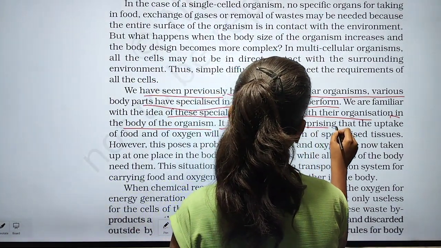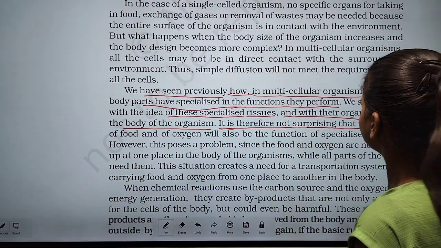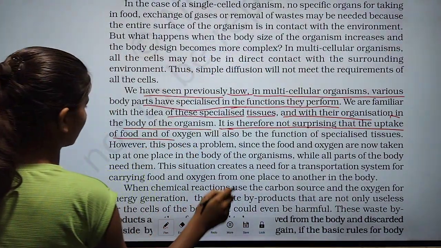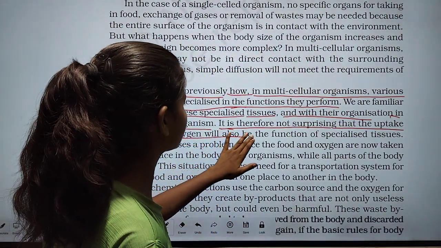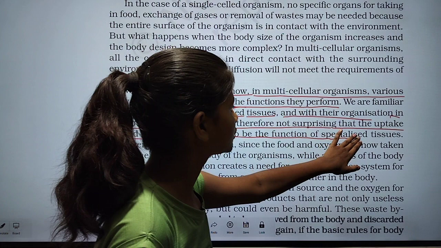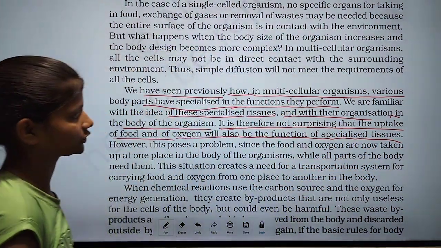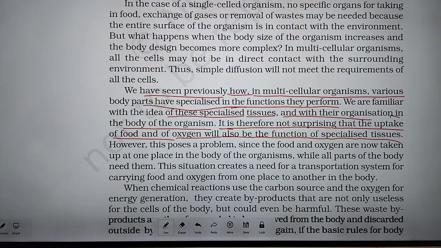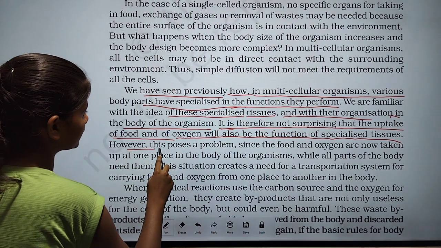It is therefore not surprising that the uptake of food and oxygen will also be the function of a specialized tissue.